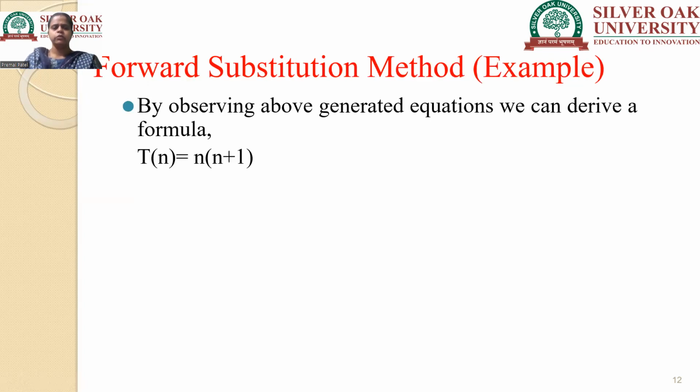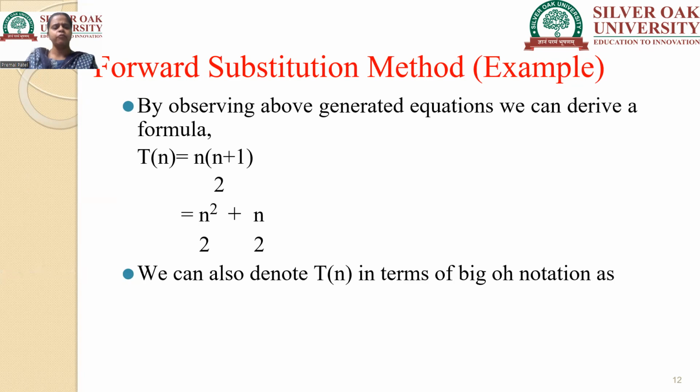Here we get the formula T(n) = n(n+1)/2. If we remove the brackets, we get n²/2 + n/2. Always remember that whenever we are finding the complexity, the highest polynomial degree of n in the answer is considered as the complexity.